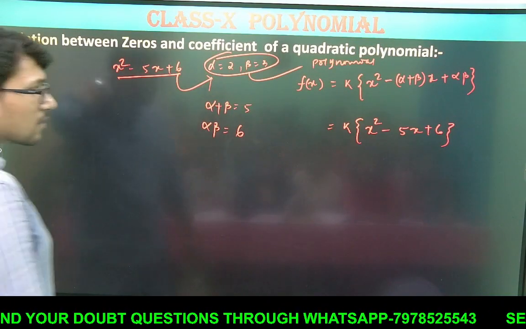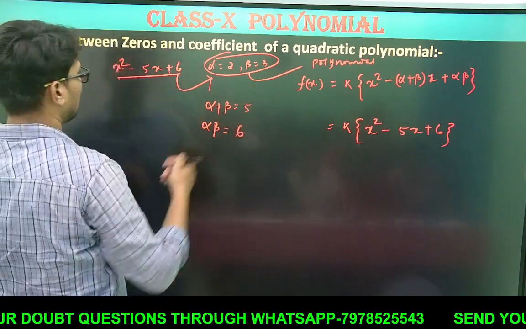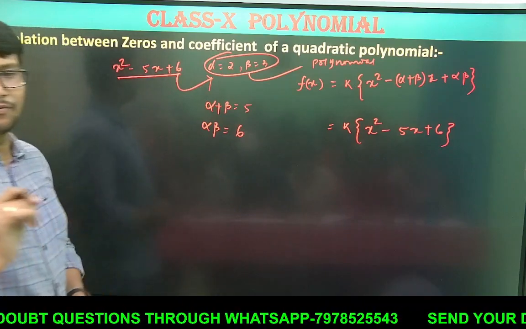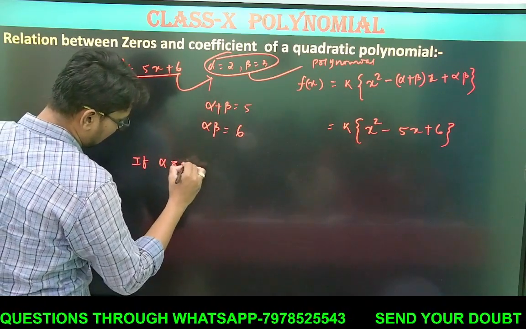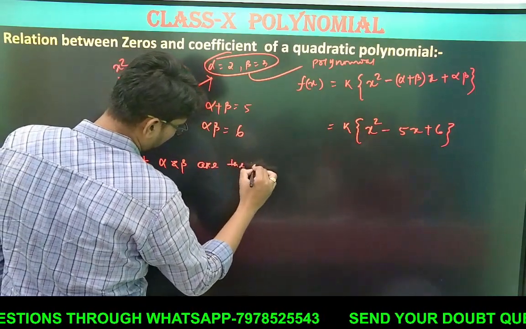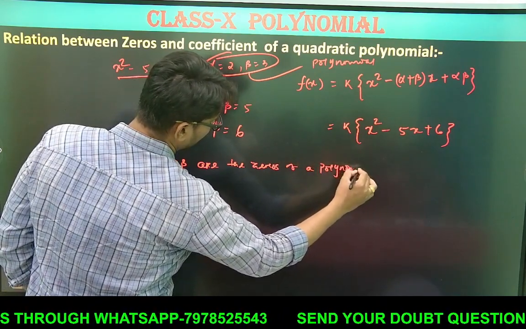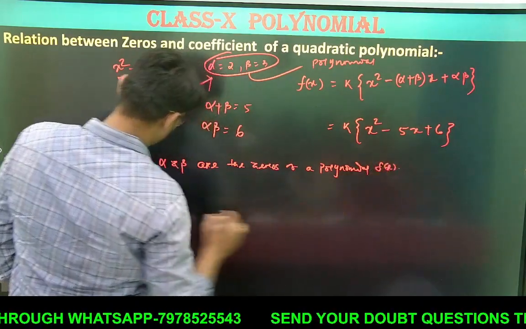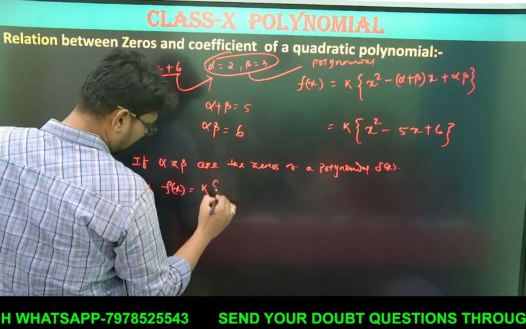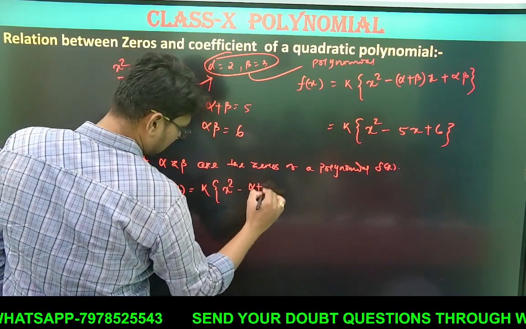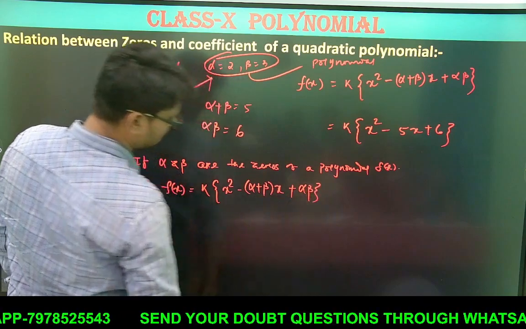So write here: note, if alpha and beta are the zeros of a polynomial f of x, then f of x is equal to k into x square minus sum of zeros into x plus product of zeros.